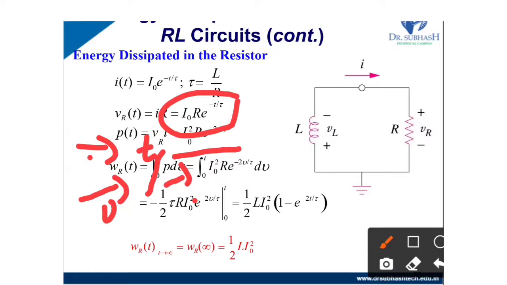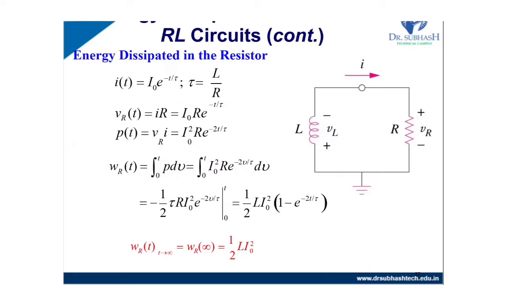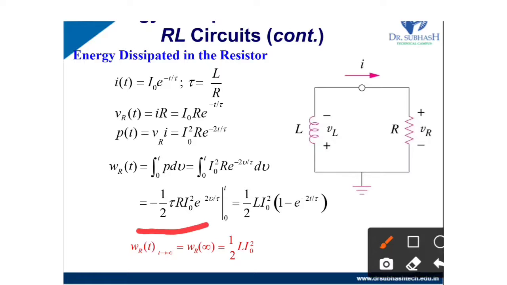After the integration, minus 1 upon 2 time constant times R I0 square e raised to minus 2v by time constant, and the limit is 0 to t. So we will put the limit.